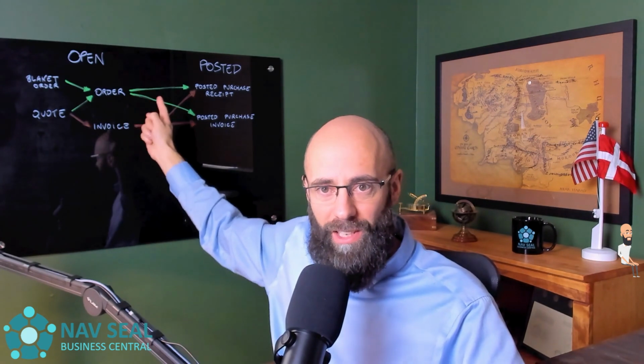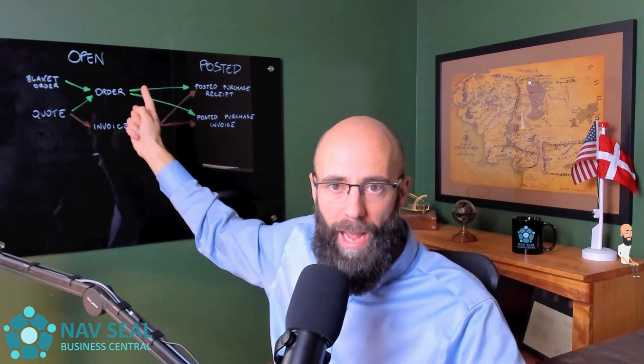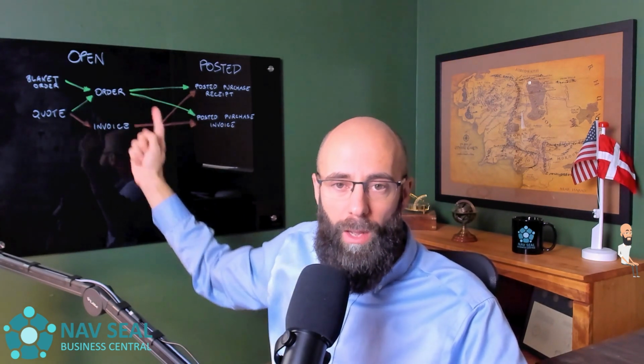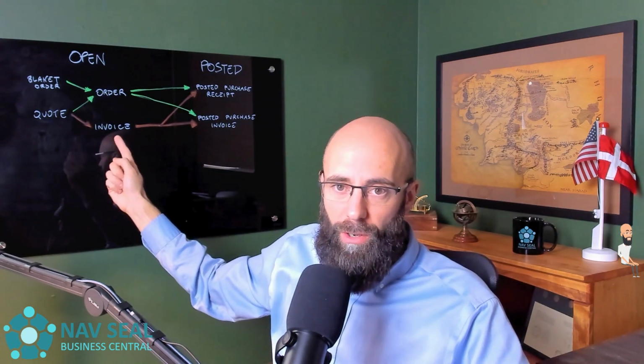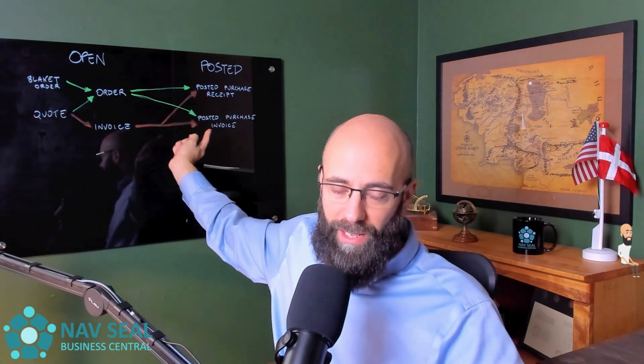As you can see here, this is represented in this graph by these two green arrows. So there are two separate actions that can be generated out of the order.